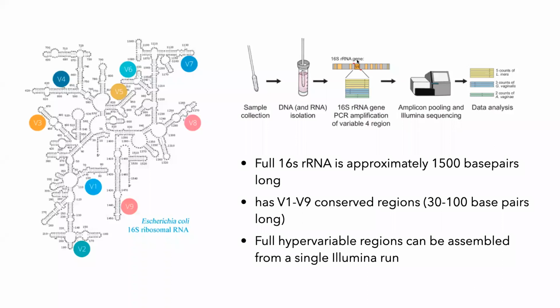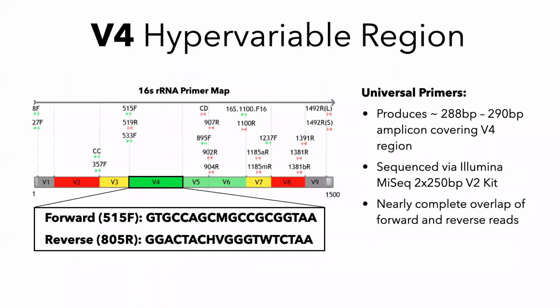In many, many studies, it's going to be the V4 hypervariable region. When we say it is amplified, it means that using PCR primers, those are actually reproduced many times. And then based on the variability, we can analyze the data to understand the composition.